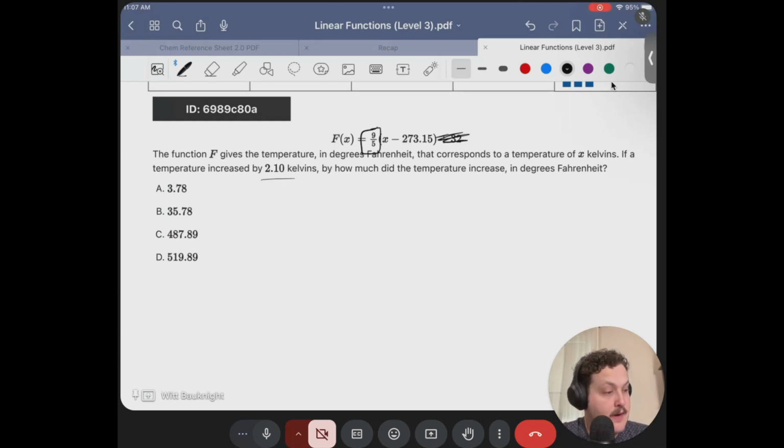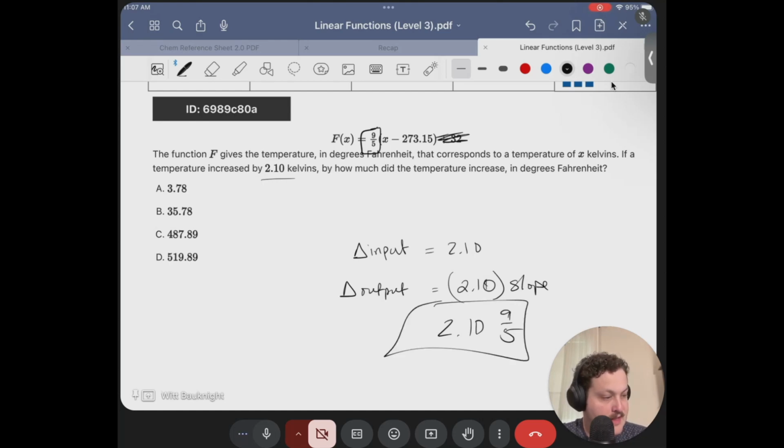So for a change of input equal to 2.1, the change in output would equal 2.1 times the slope, so 2.1 times 9 over 5. That's roughly double. So we're going to go with A.